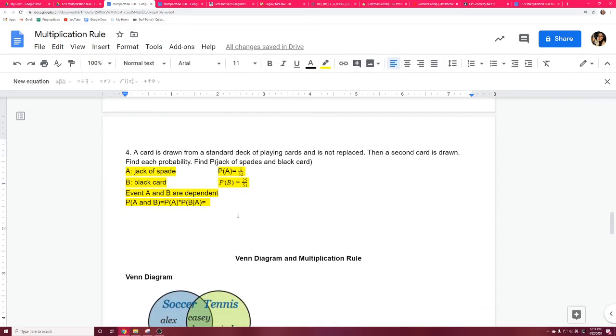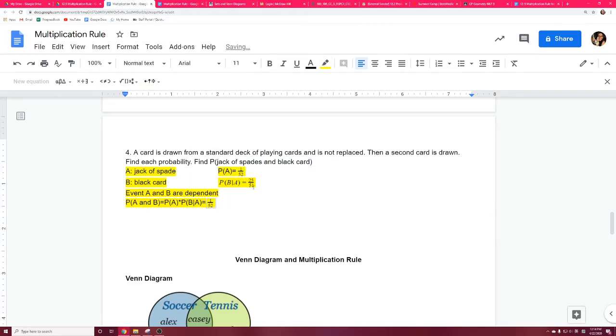So over here we go. We found our 2 probabilities, and we just need to find the probability of A and B using the multiplication rule. So what we're going to do is multiply these 2 together. Alright, it will be a struggle. Another struggle will be when we multiply them together because it's a big number, but it's okay. We got this.